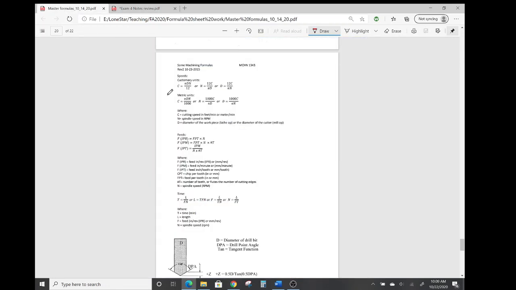So for F, go back to the master formula sheet, make sure we're using the right one. F, feed rate, is L over Tn. Look at that. Okay, all right. At first, we have to solve for N. So, we were given the cutting speed.